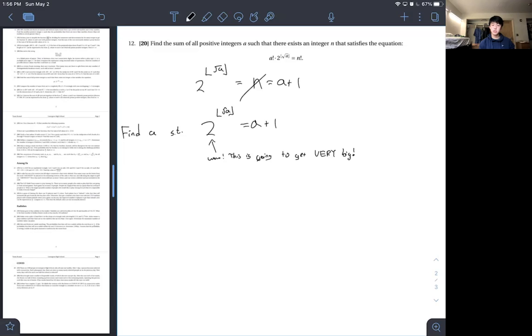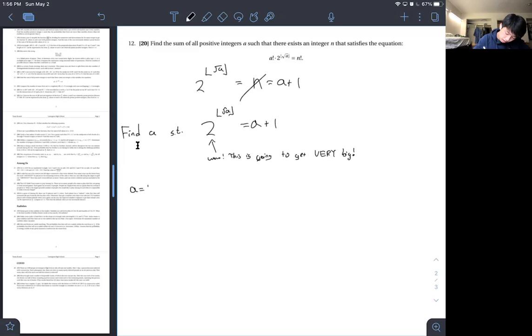So let's just list out the small values of a, and at a certain point, the left side will just start getting too big, and we'll know the right-hand side will never catch up, because the right-hand side is linear, left-hand side is exponential. So we just start writing out values.